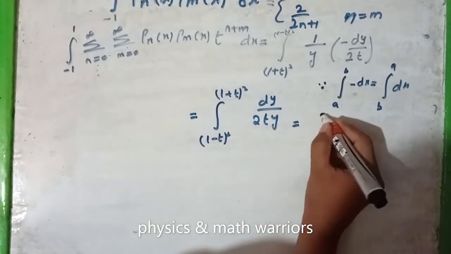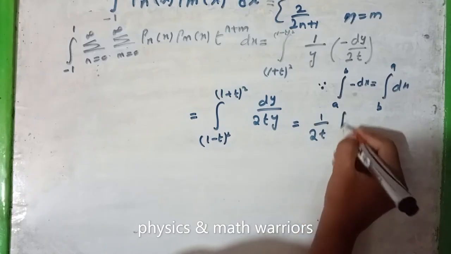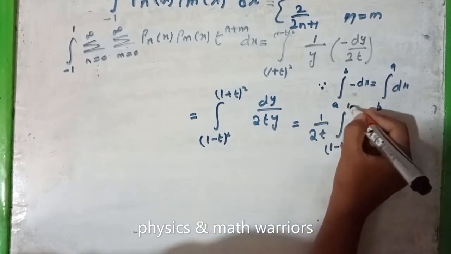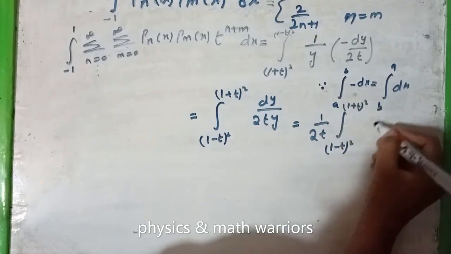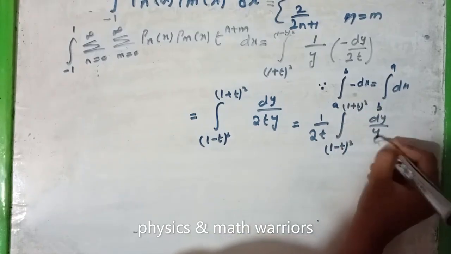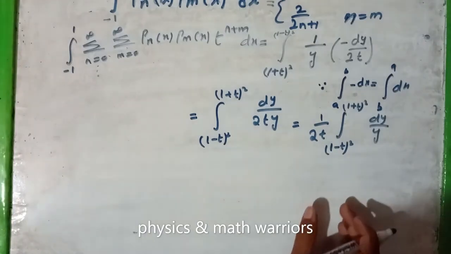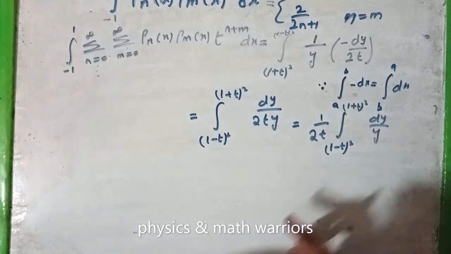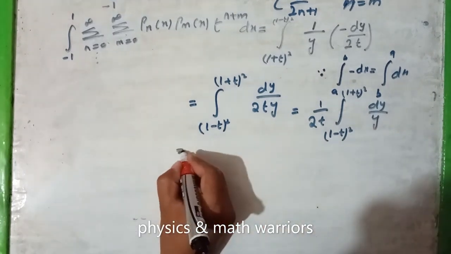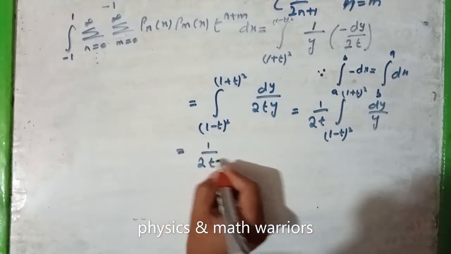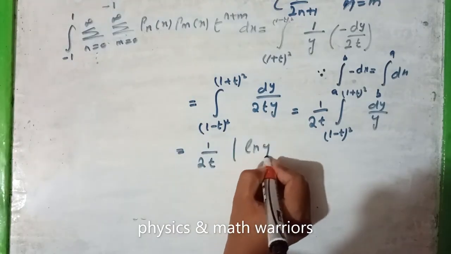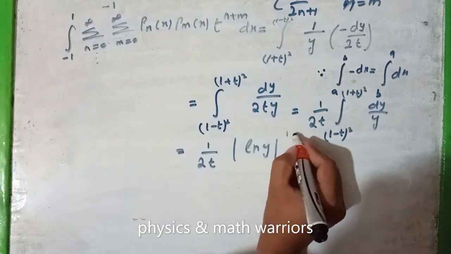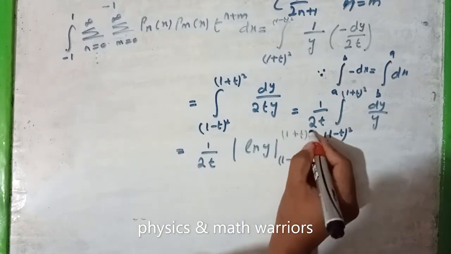This is equal to 1 over 2t integral from (1 minus t) whole square to (1 plus t) whole square dy over y, and integration of dy over y is equal to ln y. So this becomes 1 over 2t ln y from (1 minus t) whole square to (1 plus t) whole square.